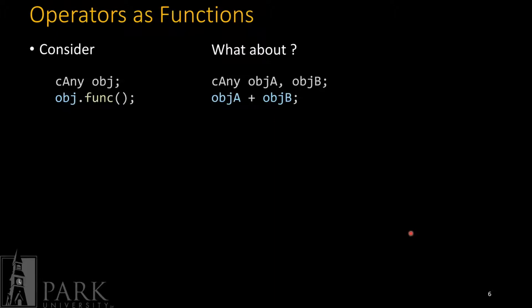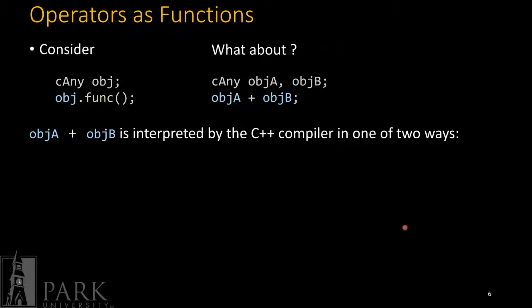Object A plus object B is interpreted by the C++ compiler in one of two ways. The compiler first looks for a member function to call operator plus in the class of which object A is an instance, right? So it's going to look for a method, or a function, called operator plus, which is going to tell it how to add these two objects together.